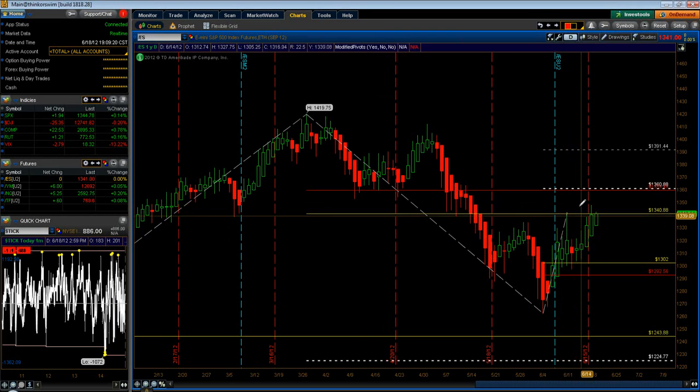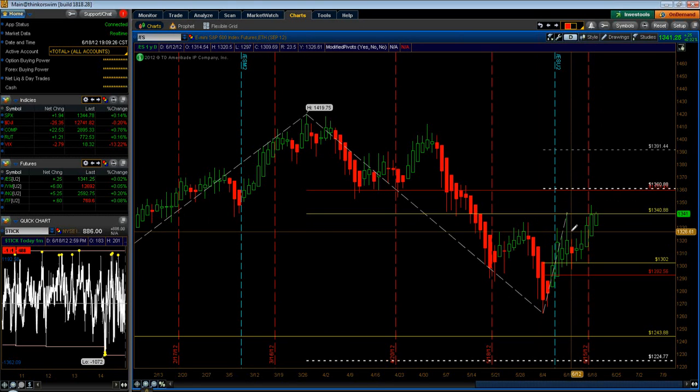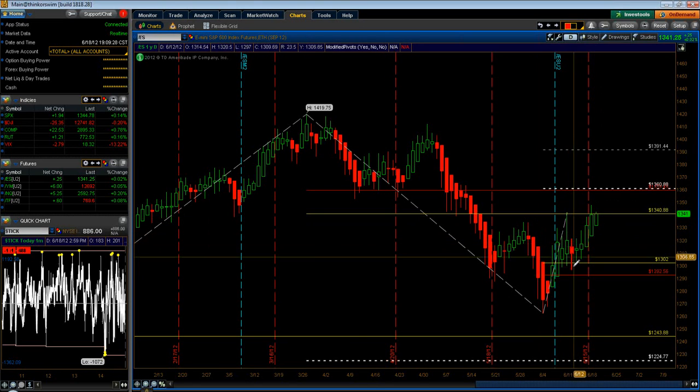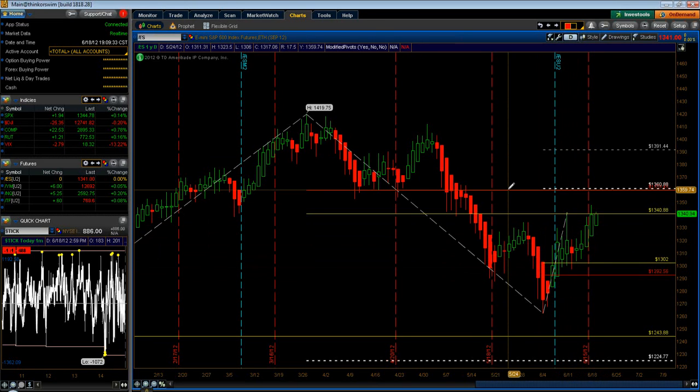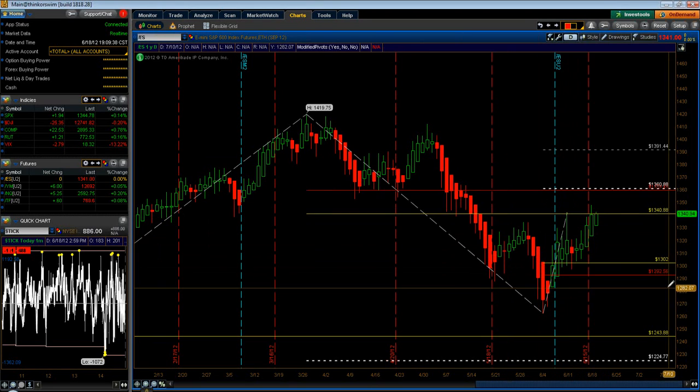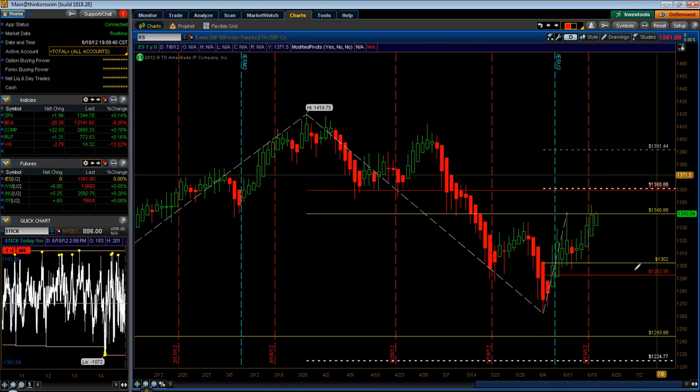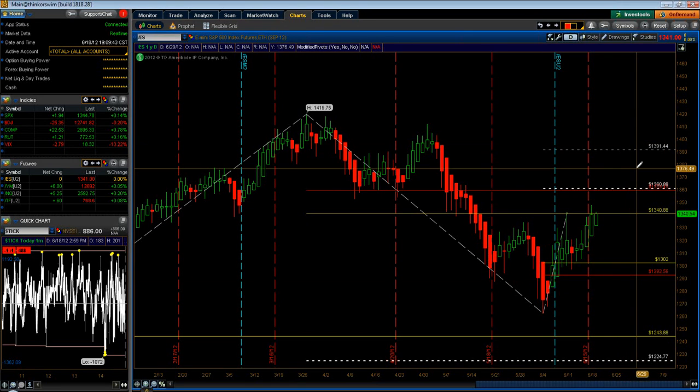Because this range is so wide, and this is a daily chart, it's okay to go to the 15-minute chart and trade with what is potentially the trend or the new trend. So again, we're looking at the 61.8, so 1360 and 1290 roughly as our lines in the sand, our failure points.